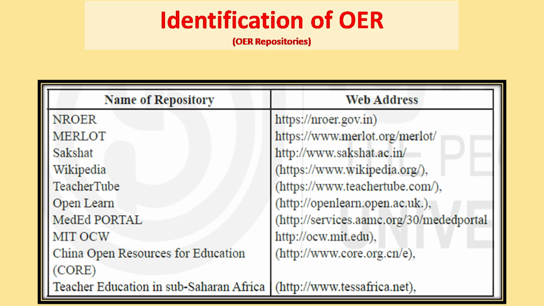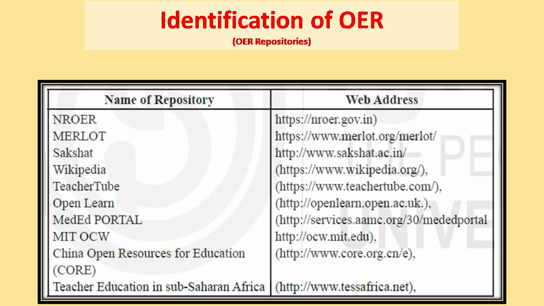In IGNOU also we have a repository, but it is not exactly an open educational resources repository. Still, the videos and text materials developed by IGNOU are available in that repository, and the name is IGNOU eGyanKosh. So you are also free to use that. You have to give credit and acknowledgement to the creators. Then a couple of other repositories like Merlot, Sakshat, Wikipedia, TeacherTube and others are there, and they are displayed on the screen.